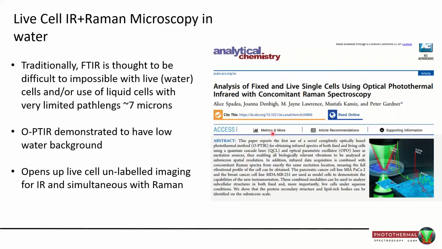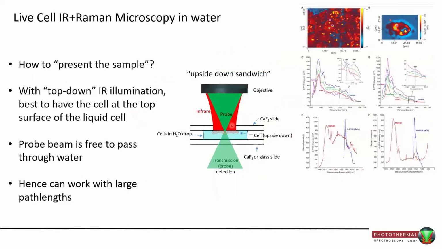Peter Gardner at University of Manchester published a paper also recently looking at live and fixed cells, the live cells being in water. Normally, of course, this is pretty difficult with FTIR, if not impossible. You have to work with very difficult and narrow path lengths. But they demonstrated that O-PTIR in this upside-down sandwich configuration, where the cell is actually upside down and the infrared hits the cell first, hence it's not attenuated by the water, works really well.